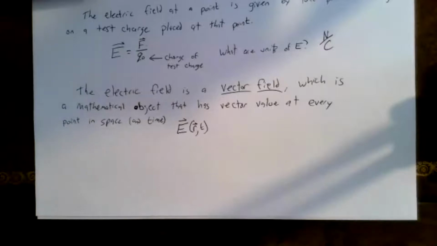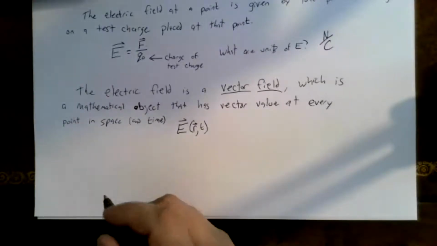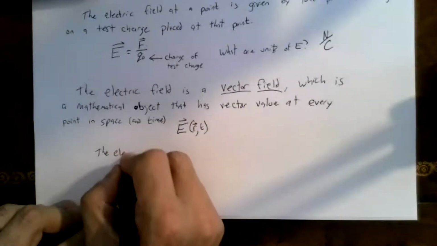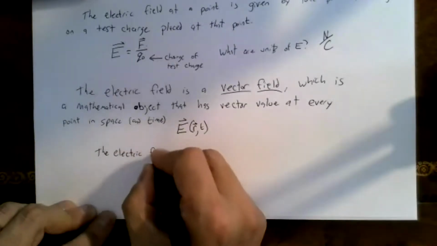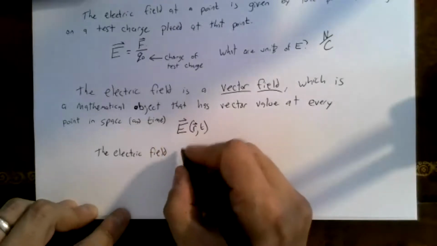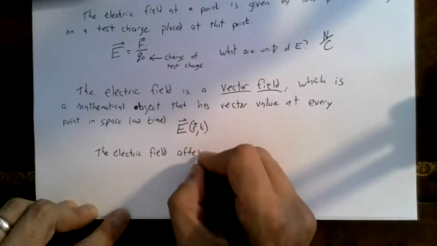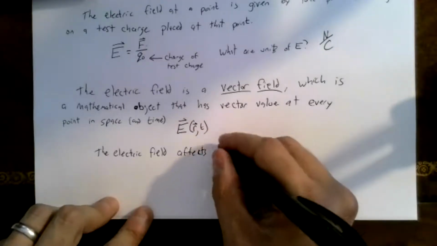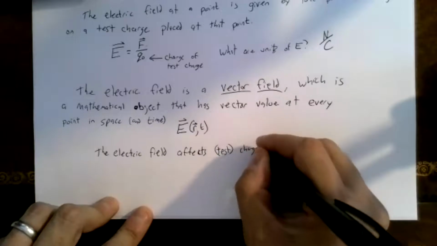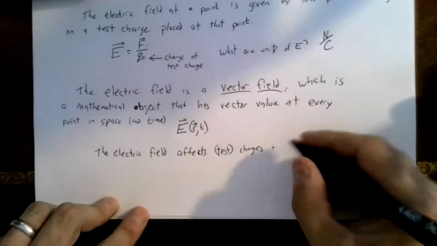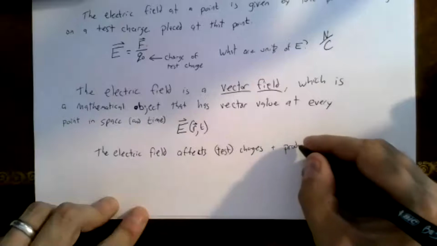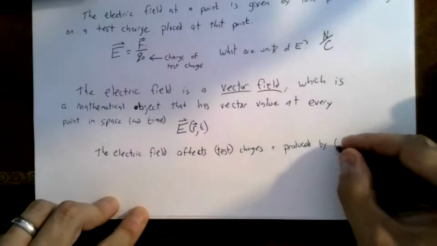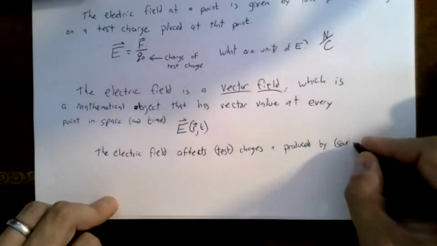And like I mentioned in the big picture overview for the class, we want to remember that the electric field affects charges, and the charges it affects we call test charges. And it's also produced by charges, and we call the charges that are producing it source charges.